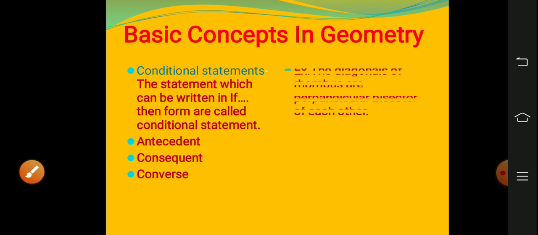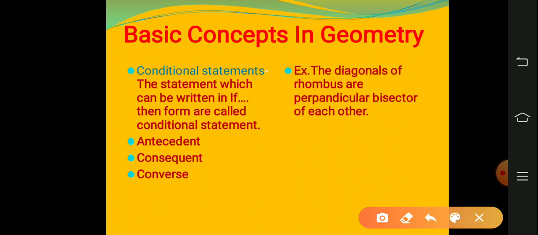So our example is, the diagonals of the rhombus are perpendicular bisectors of each other. We have to convert this statement into a conditional statement. For that, first you identify the condition in the given statement.